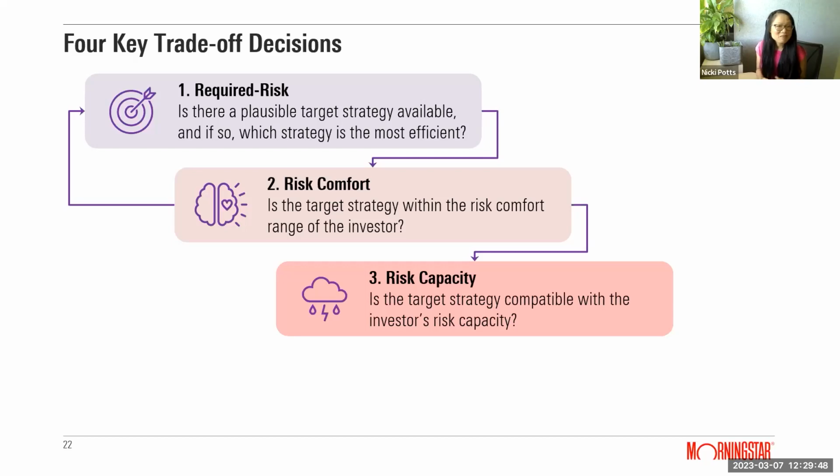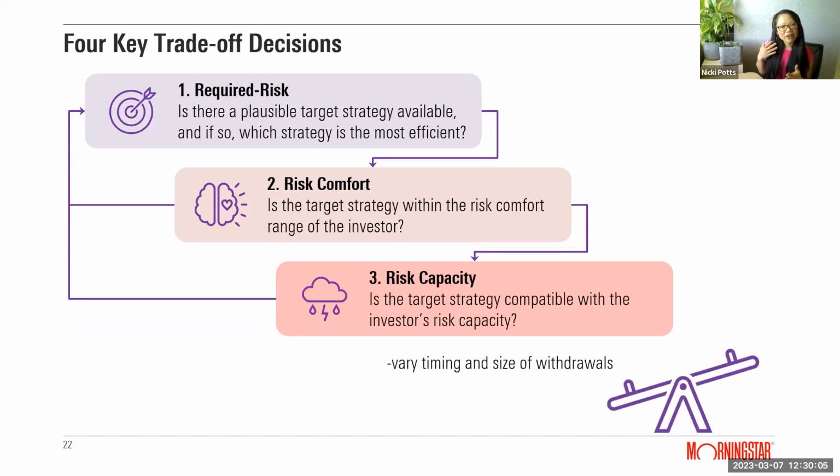So this is where Monte Carlo simulation and stress testing play a vital role in demonstrating potential end states. Again, investors can adjust available levers, such as varying the timing and size of withdrawals until the target strategy is within the investor's risk capacity.